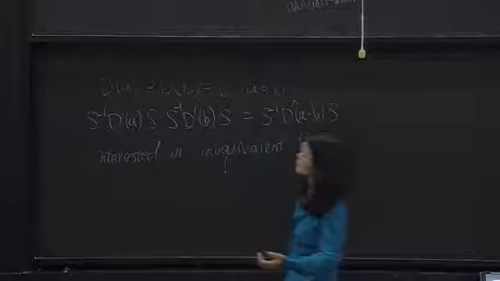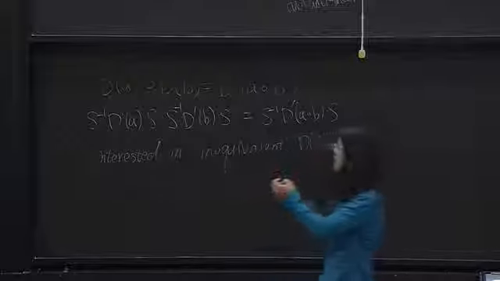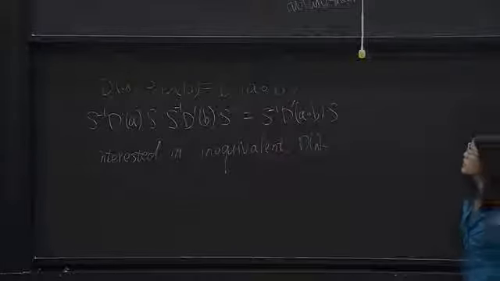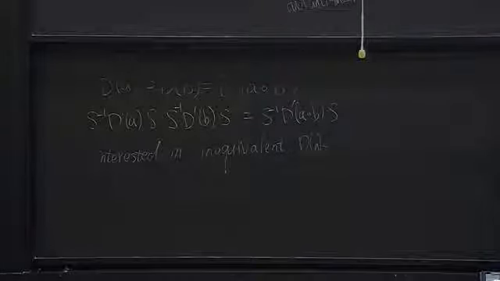We are only interested in faithful ones, and they should be inequivalent. We're only interested in particular equivalent classes of group representations.